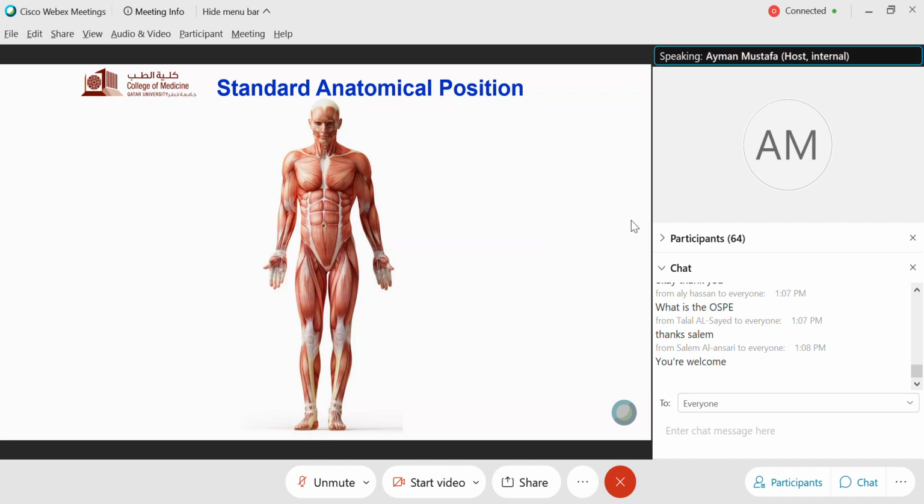The person should be standing erect, the face and the feet should be facing forward, the palms of your hands are facing forward, and your upper limbs are at the sides of your body. Those are the conditions that fulfill the anatomical position. If I give you a certain description, you should be able to tell if it matches the anatomical position or not.